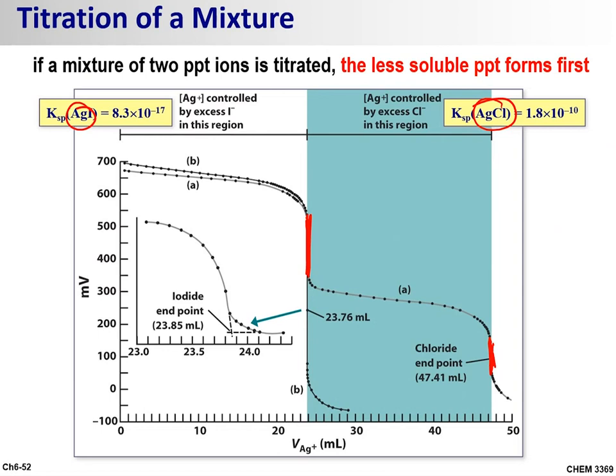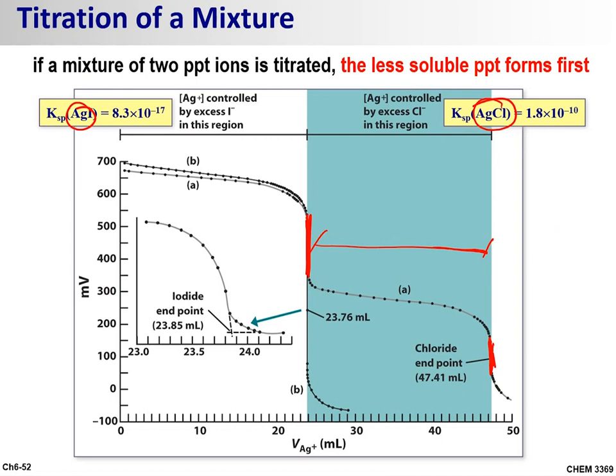Now, between the first and the second equivalence point, in this region, all iodide is precipitated, and chloride ions now are being consumed in the reaction with silver plus ions, and the silver chloride is being precipitated.